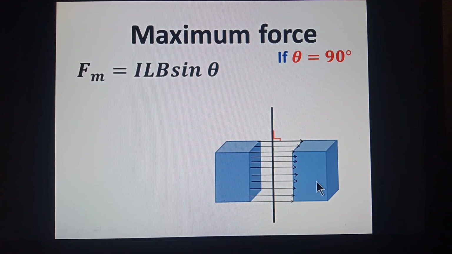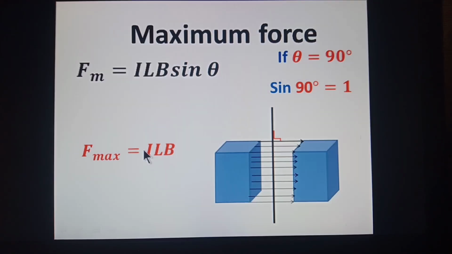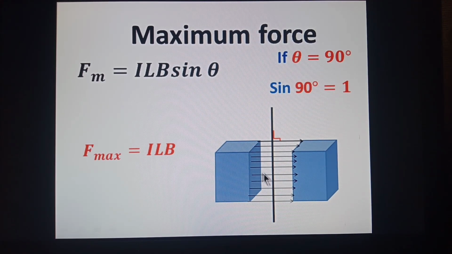If these are the poles of a magnet and there is a magnetic field, so look at this angle, the conductor is making an angle of 90 degree. If angle between conductor and magnetic field is 90 degree, you know sine of 90 equals 1. Putting this value of sine of 90 here, we get force maximum equals ILB. So the magnetic field exerts maximum force on a conductor if it is placed perpendicular to the field.